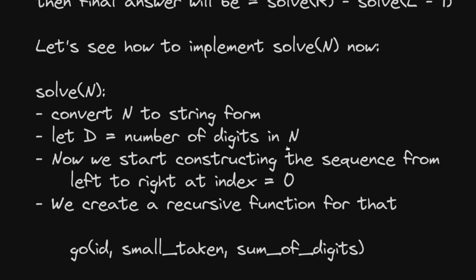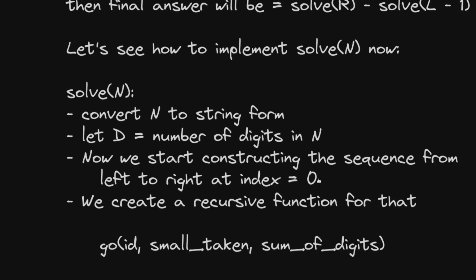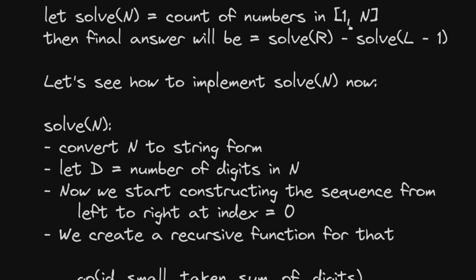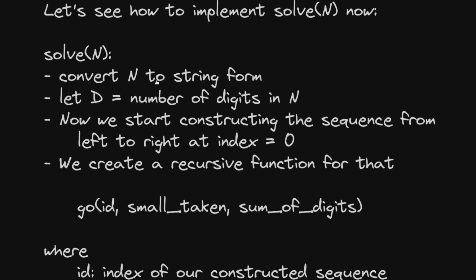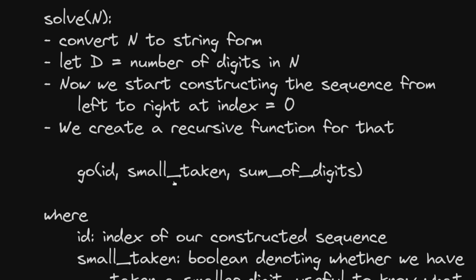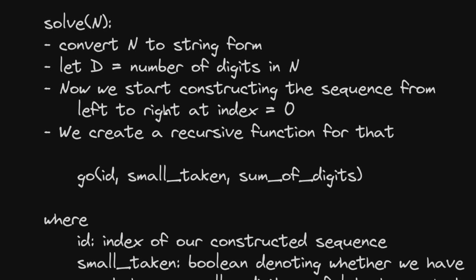For implementation, we first convert n, which is the parameter of this solve function, to string format. It might be given as a string depending on the constraint of the problem. So the first step is to represent n as a string, and let's say d is the number of digits in n, which is the length of that string. Now we start constructing the sequence from left to right at index 0.